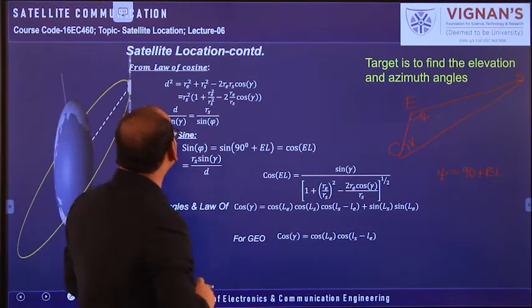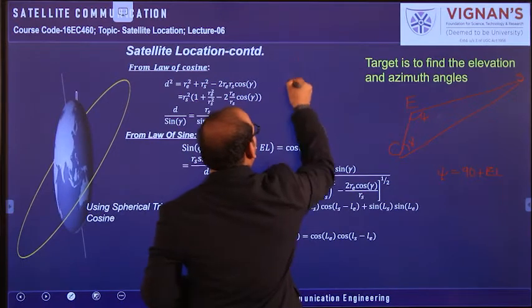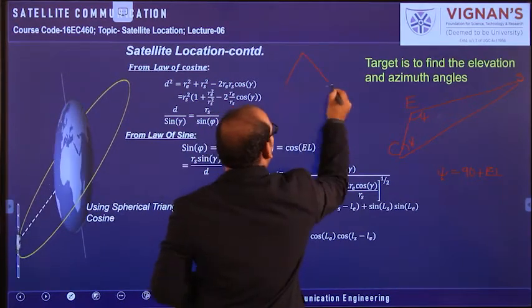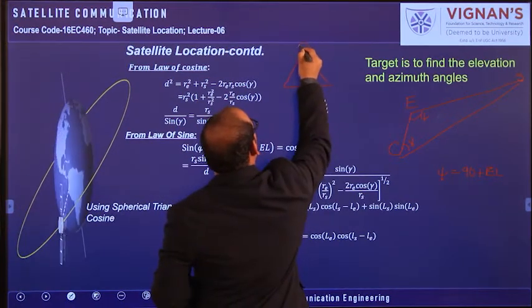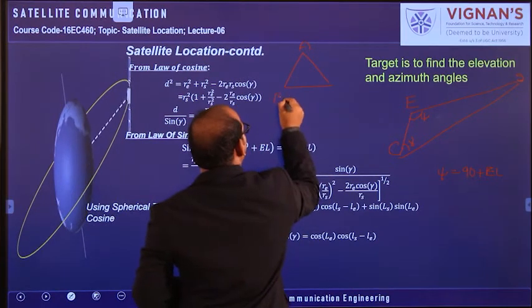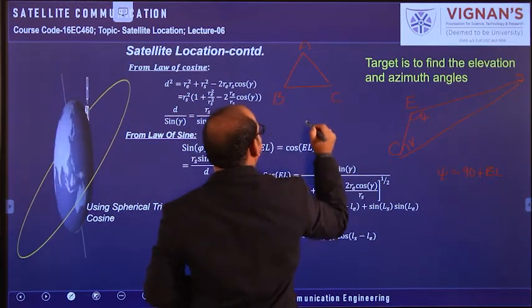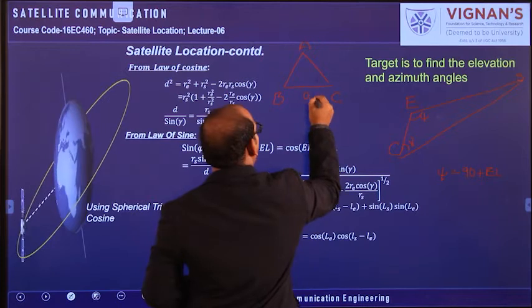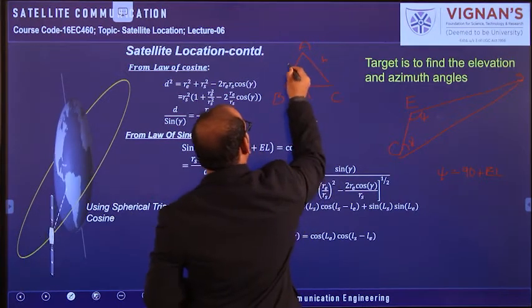So what is the law of cosine? The law of cosine can be written for any triangle. Take one triangle with vertices capital A, capital B, capital C and sides small a, small b, small c.